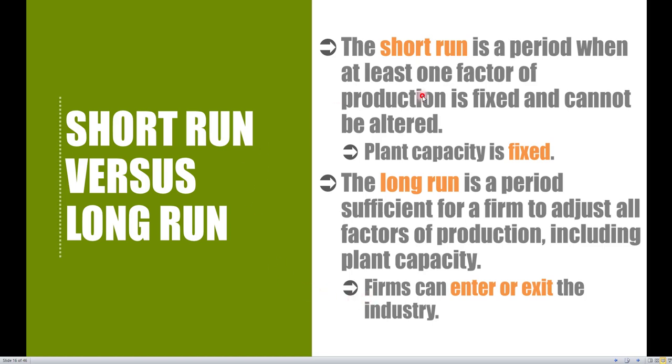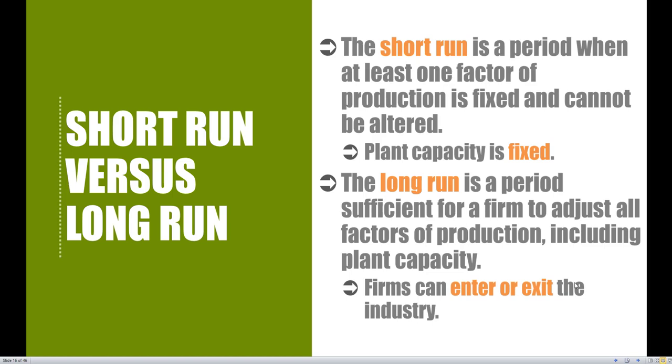So in the short run, firms cannot enter or exit the industry. They are stuck. In the long run, that is going to be completely opposite. They can actually enter or leave the industry, and this will become a very huge part of the transition from the short run to the long run as we discuss our market structures later on in the next chapters. So keep this in mind.